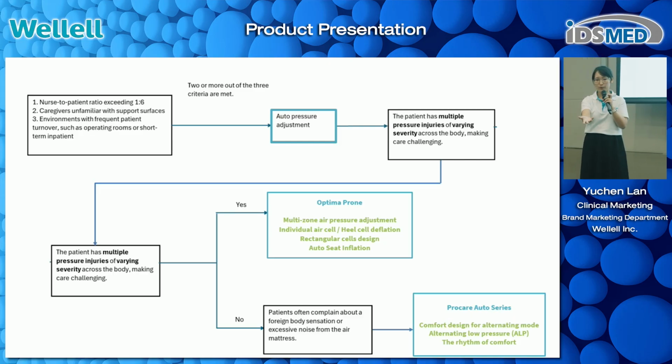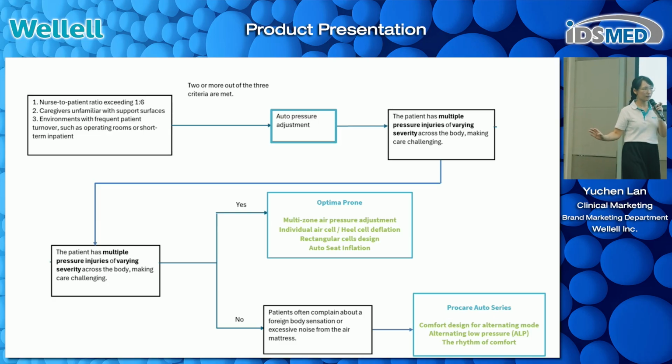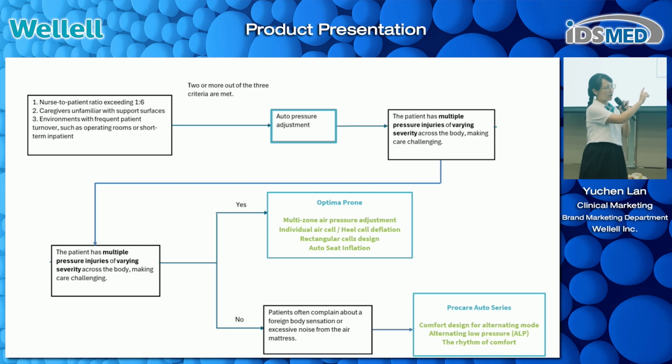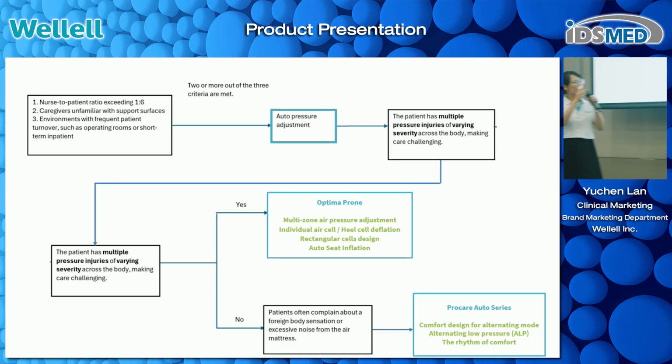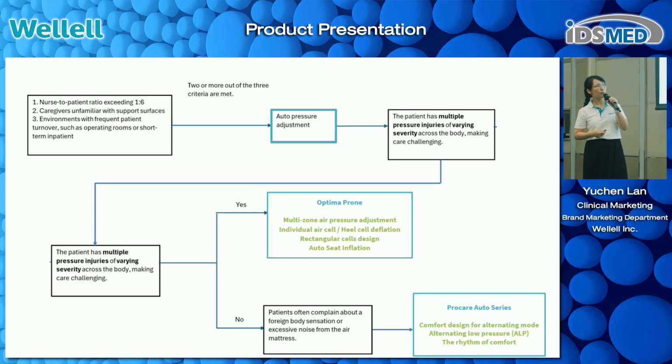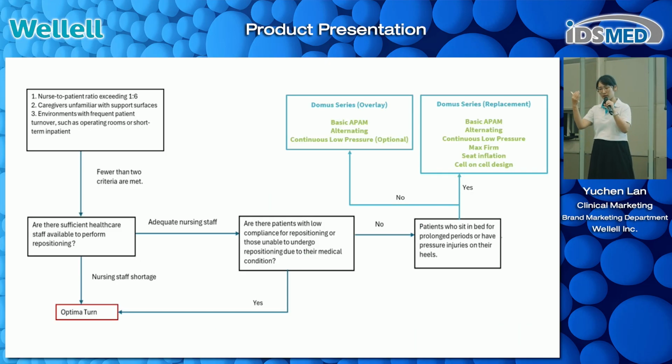In this way, it could provide the patient better pressure relief options. But if not, the patient is still okay but needs comfortable feelings, then we could choose another design that can offer comfort, for example, alternating low pressure and the rhythm of comfort, for example, our ProCare Auto series. Okay, so this is the flow chart that we could think about for our caregivers and nurses.